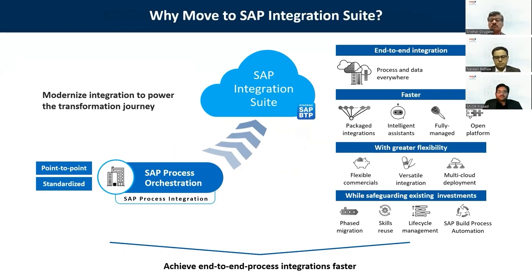With SAP Integration Suite, we are looking at a solution with end-to-end capabilities, which helps integration applications running on any environment, be it within the customer data center, or public or private cloud. So there are no challenges in managing the solution and also governing the system.